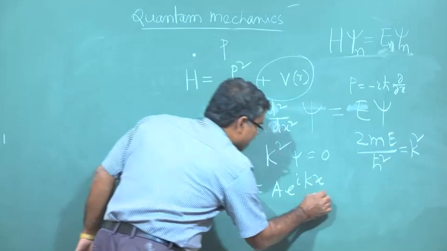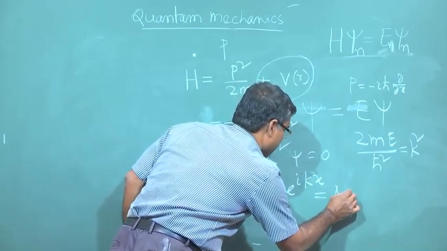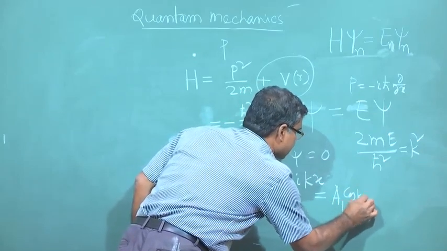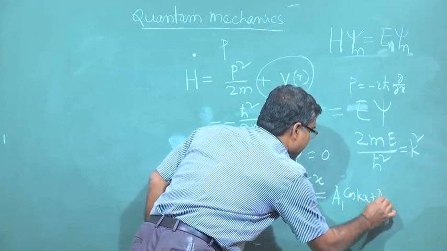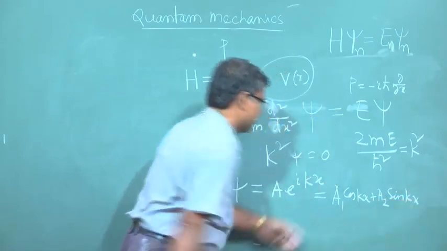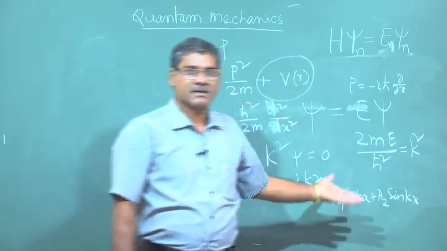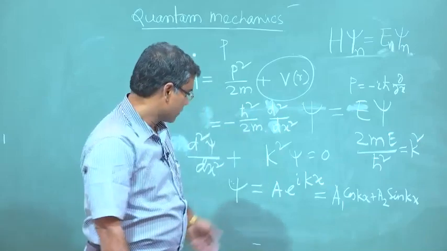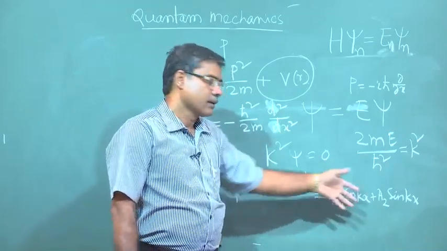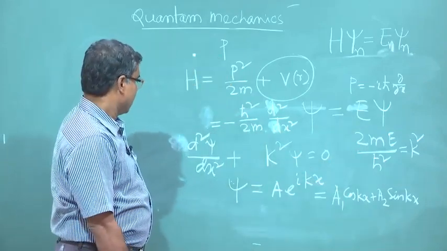It can also be written as a1 cos kx plus a2 sin kx, okay. This way also the solution is written. So this solution is called plane wave solution, okay, and it is still, your particle is free.